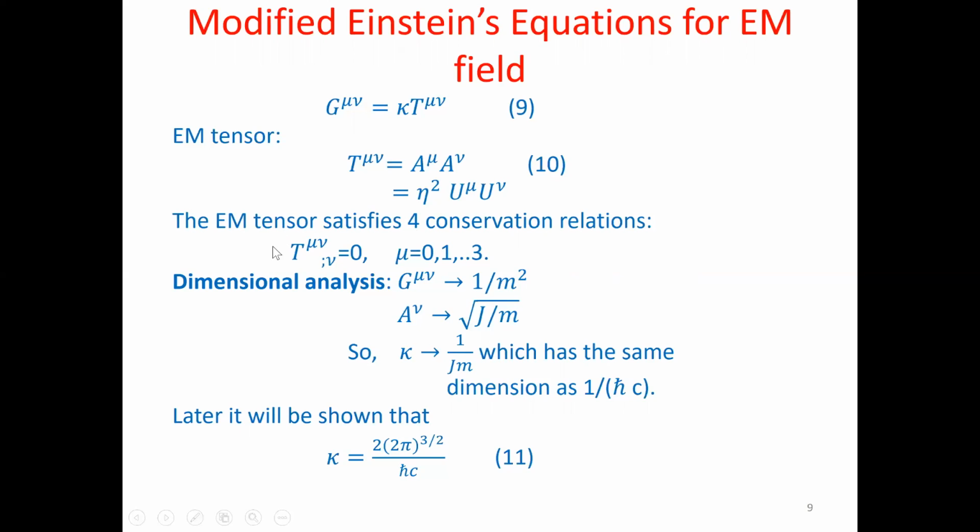So we have seen before that electromagnetic tensor satisfies 4 conservation relations here. So we will show later that kappa is inversely proportional to Planck's constant h bar.